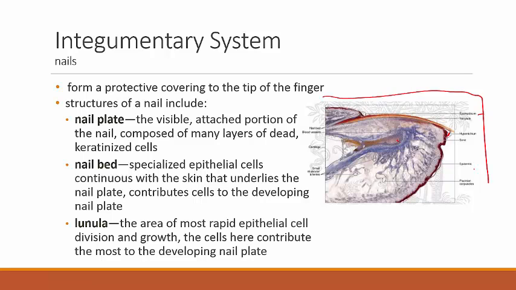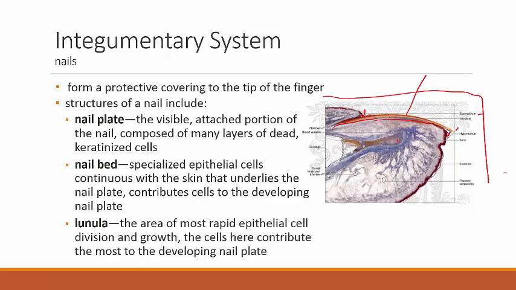The nail plate is the visible attached portion of the nail, and it begins forming deep at the nail bed. The nail bed is a layer of epithelial cells that are continuous with the skin and attached to the underside of the nail plate, and it contributes developing cells to the nail plate.